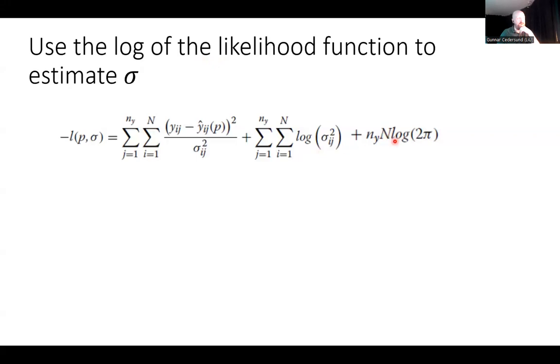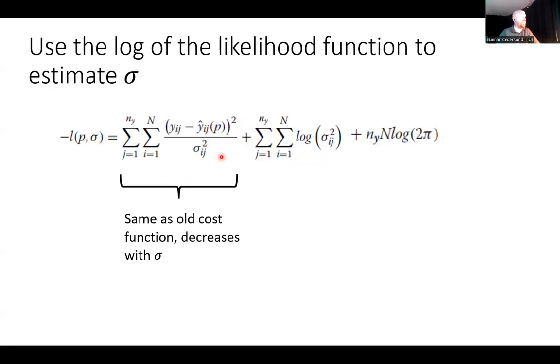These two are the coefficient, and this is the exponent. And the exponent, when you take the logarithm, it just falls down. So this is what stands in the exponent: y minus y hat, where y hat depends on the parameter, divided by sigma. This is the first term of the logarithm of the likelihood function. So this is just a normal cost function that we looked at before: y minus y hat summed over all the data points.